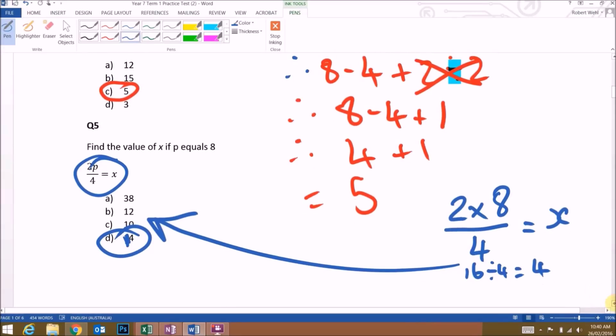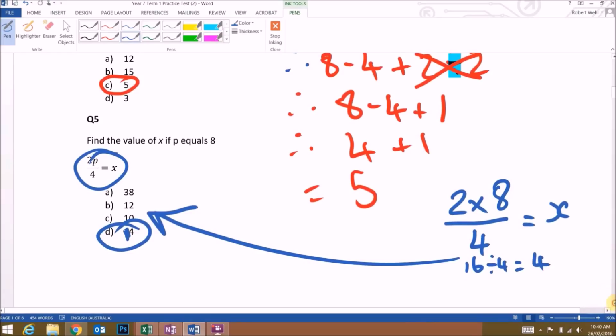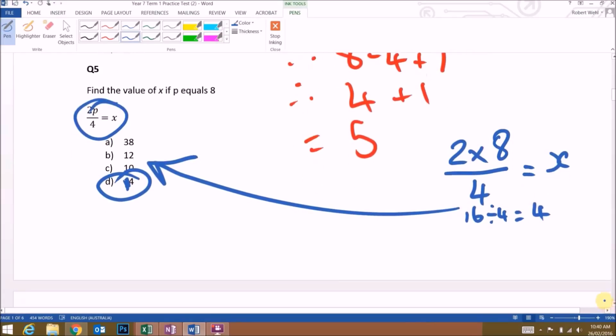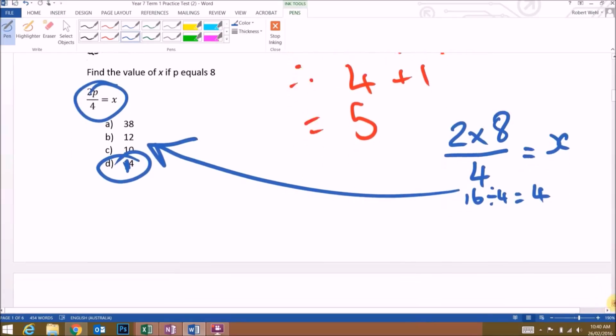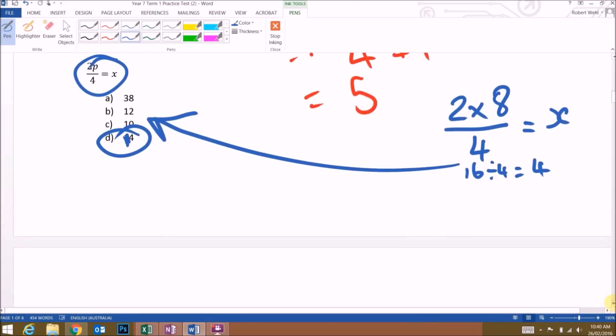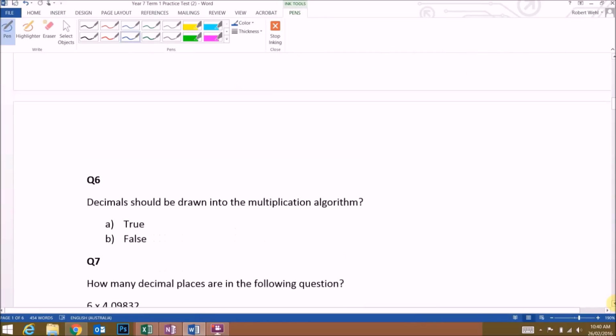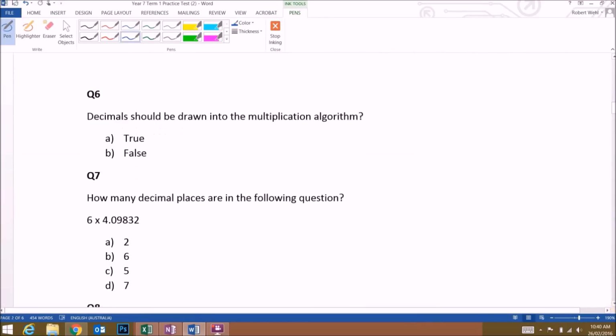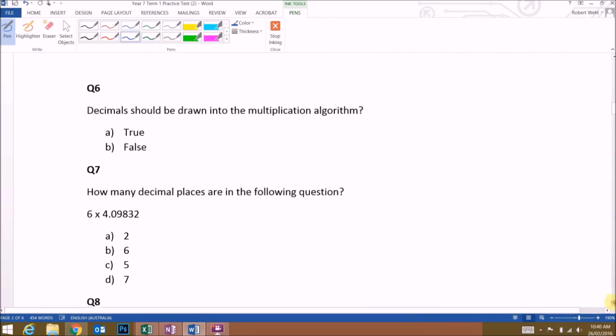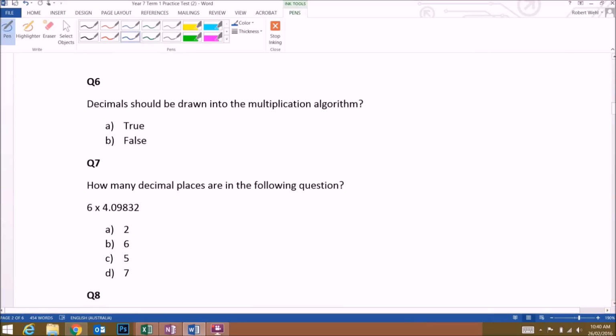Let's go down. Decimals should be drawn into the multiplication algorithm.